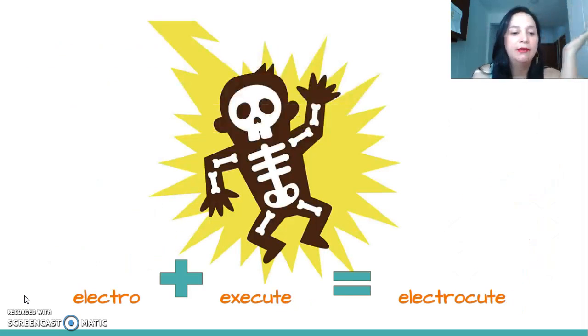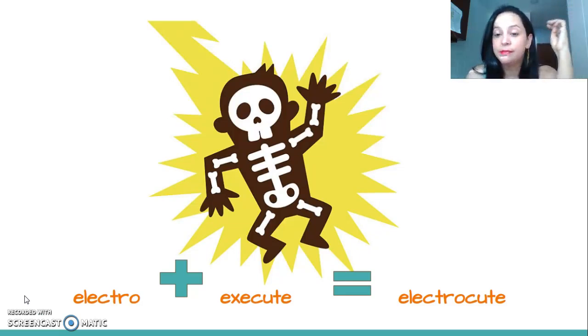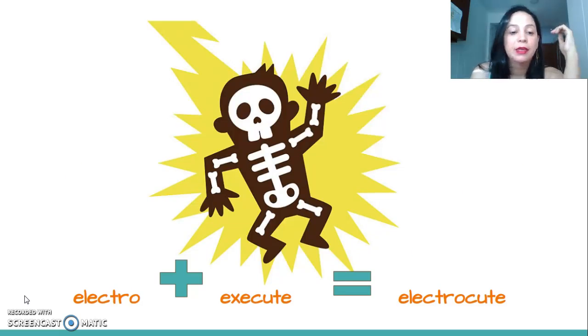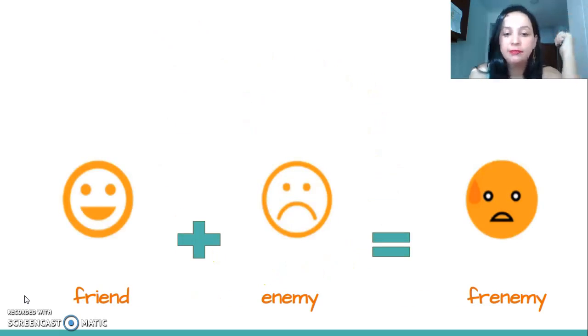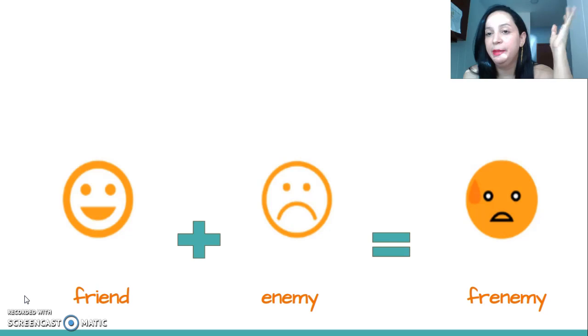Another example: electro and execute. We mix that: electrocute. Another one: friend and enemy. So friend plus enemy will be frenemy.